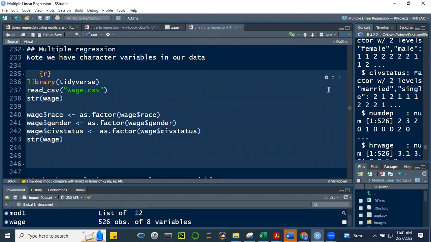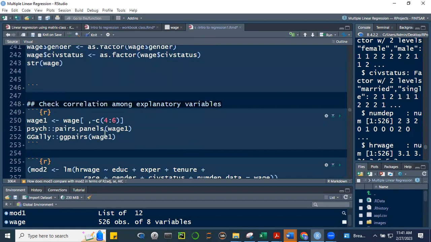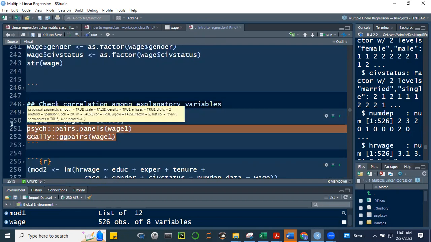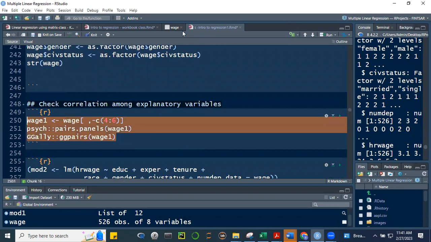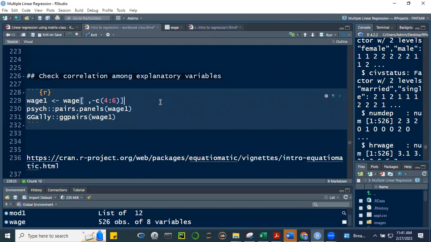Alright, so this is what we did, no? Tapos yung correlation natin, we can use the cor function, di ba? Or we can use this. I-copy ko to. By the way, Control-C. All right. What did I do here?